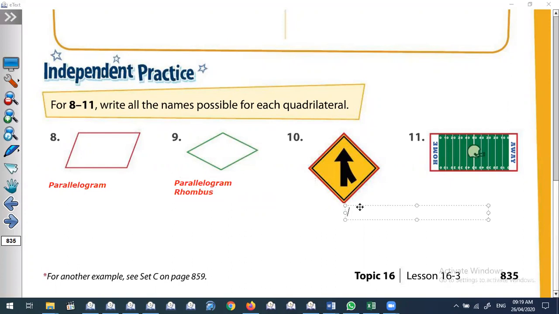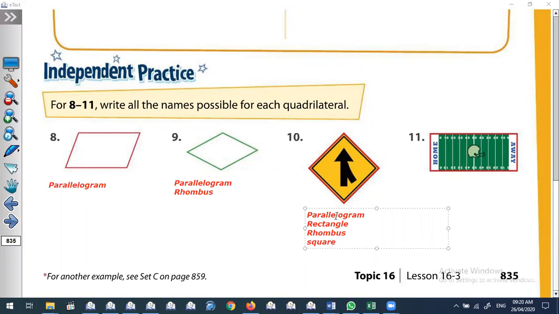This shape is square, and the square is parallelogram also, and the square can be rectangle, square can be rhombus, and square the last name.